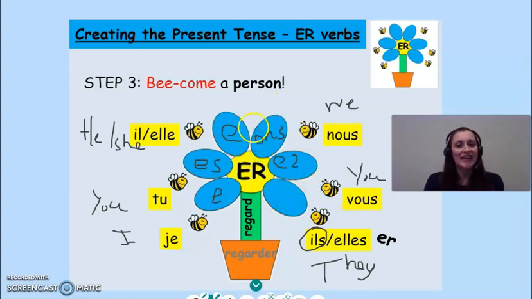So we're starting to see here we have a difference in pronunciation for the nous and the vous. And then finally, ils or elles, they regardent. E-N-T. Now again, the N-T here is silent. So let's just listen to that all together. Je regarde. Tu regardes. Il, elle regarde. Nous regardons. Vous regardez. Ils, elles regardent.